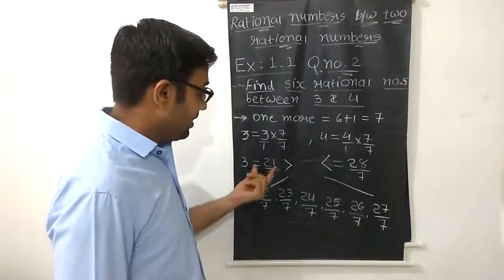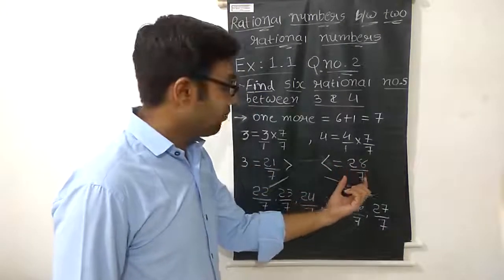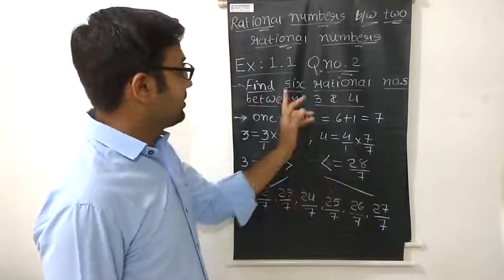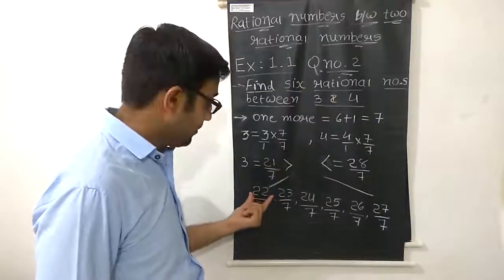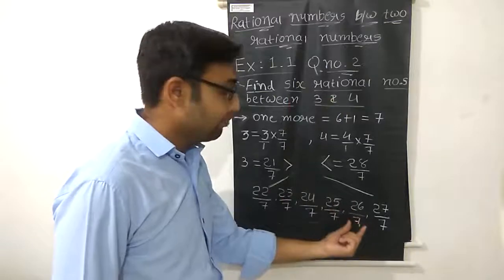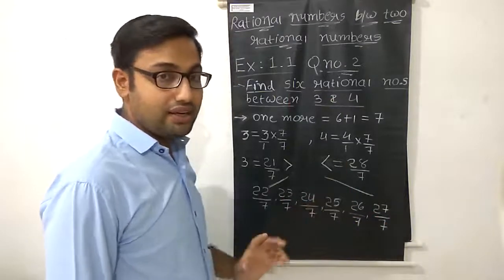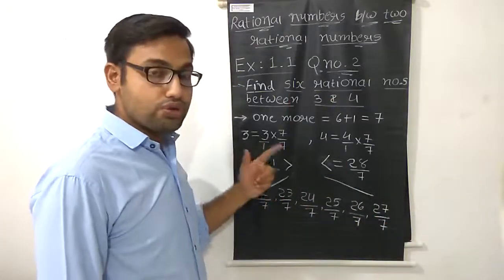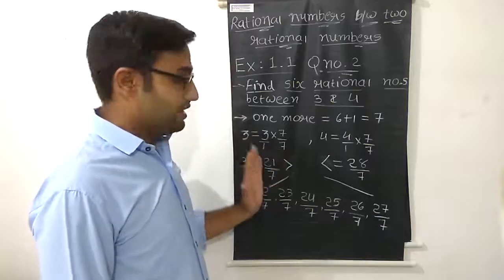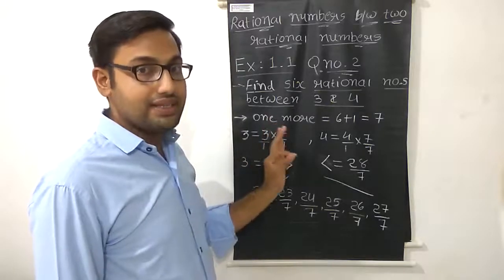So between 21 upon 7 and 28 upon 7, we found the 6 rational numbers: first, second, third, fourth, fifth and sixth. This method is also something you can use, and it is actually very easy.